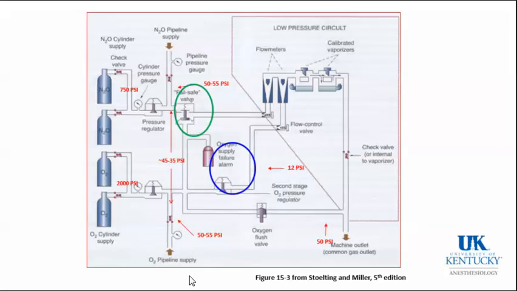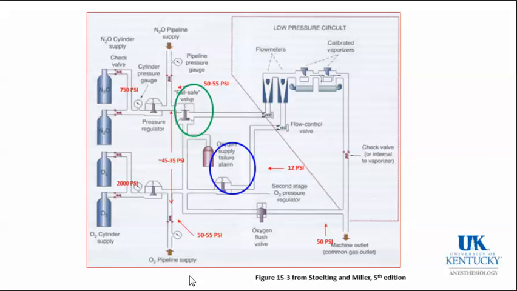As you note here, the main alarm is circled in the blue, and it notes when the pressure falls below around 35 to 40 psi.